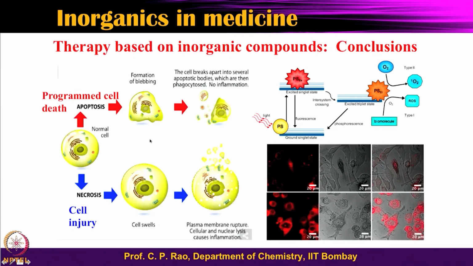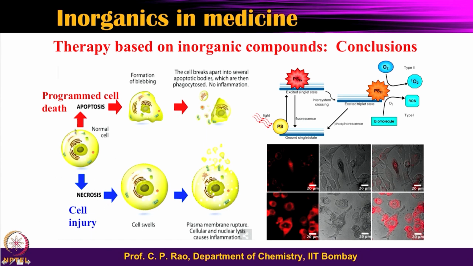Just to recapitulate, the cells can go through a programmed cell death, where certain cells have to take the death, and that is a programmed one and the best process. The other one is forcible and unforeseen, which is called necrosis. So, apoptosis and necrosis.